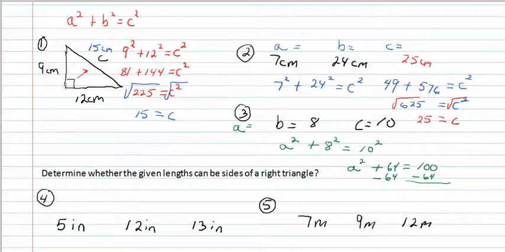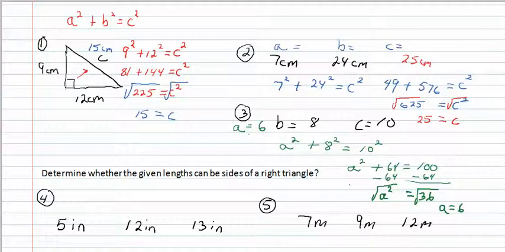Okay, so it's 36. Okay, now I have a squared. I don't want a squared, I want a, so I take the square root of both sides. And so a is equal to 6. So my a is 6.